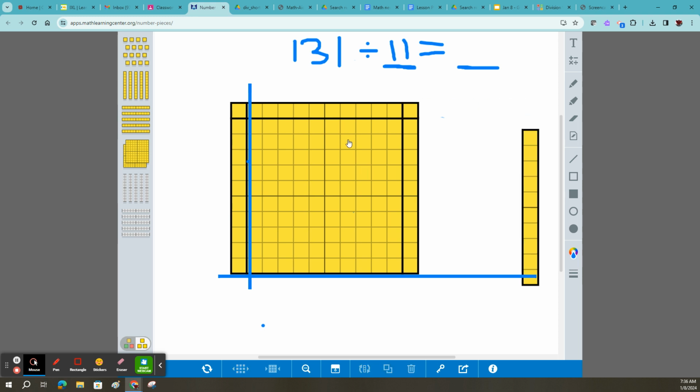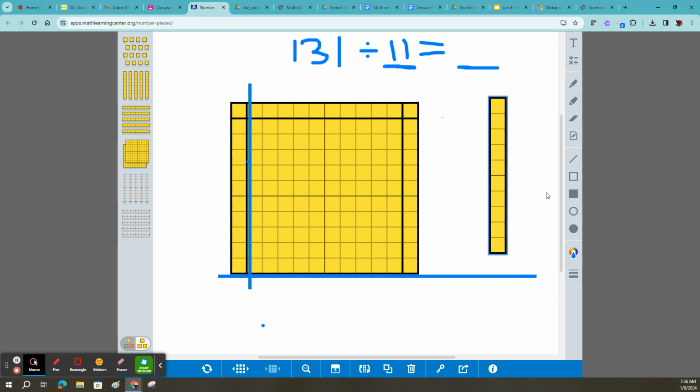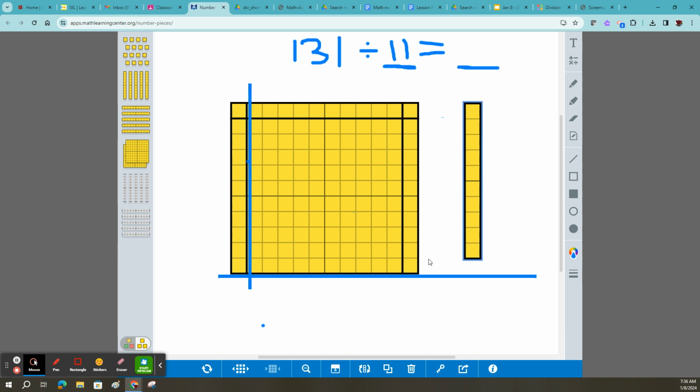When that happens, I'm at 132. I'm bigger than the number I was trying to build. I have to back off these blocks. Okay, so let's see how far I could get before I went over. I was at 100, 110, 120, 121. Okay, and what did I have left over? Well, I had 10 left over. So the very final step here, now that I've built as much of the area as I possibly could, I've got my remainders next to it.